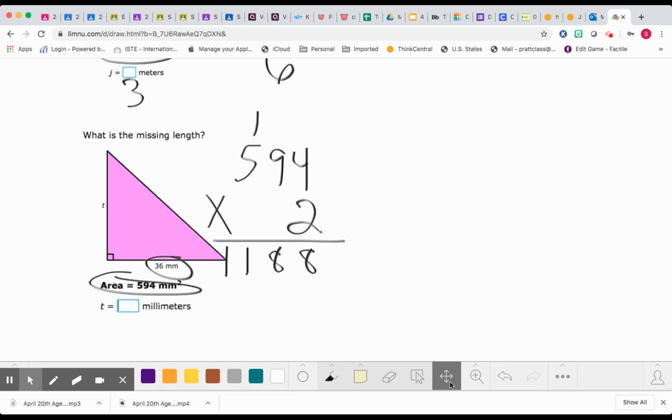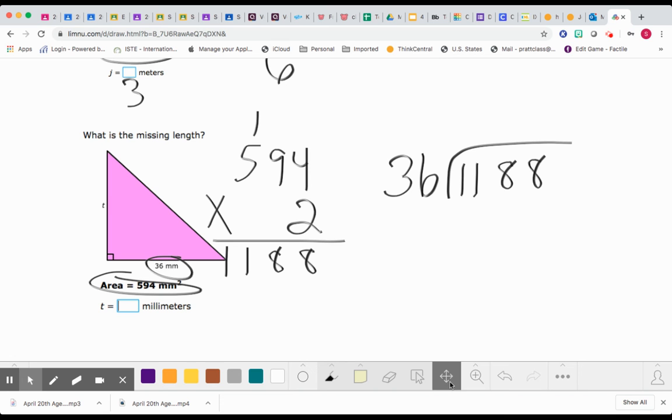So now we're just going to take the 1,188 and divide it by 36, because 36 is our base that we already have, and we're trying to find the height.